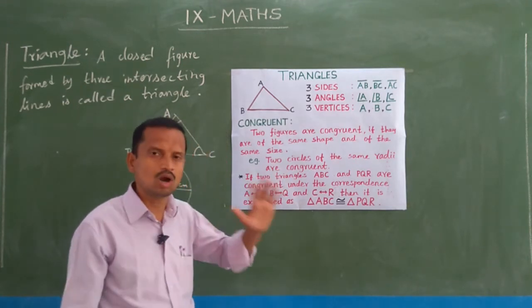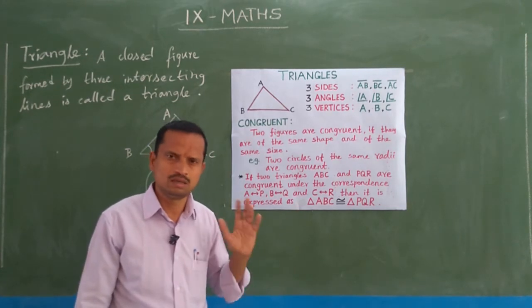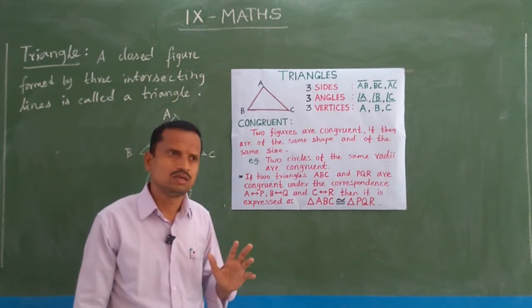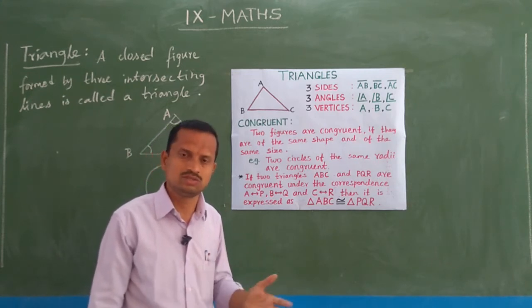We can draw one circle with radius 3 centimeters. If you draw another circle, there also the radius is 3 centimeters. So they are congruent, same radii. So this is a good mathematical example. This is called congruent. Congruent means any shapes which are the same in appearance, and when they coincide with each other, we can say that also.